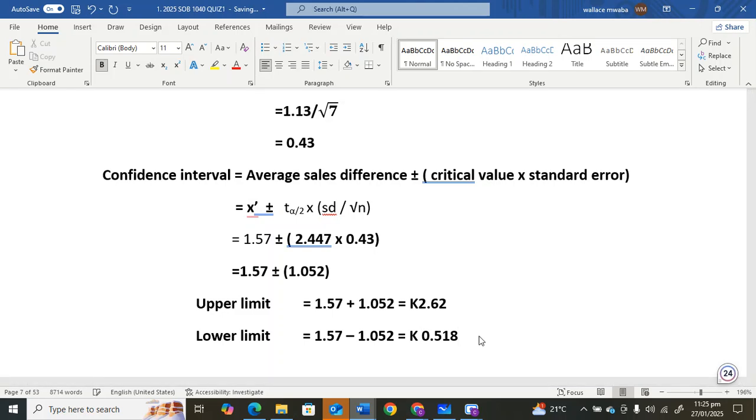So our range is from 0.518 kwacha to 2.62 kwacha.